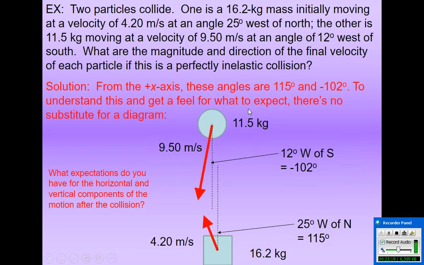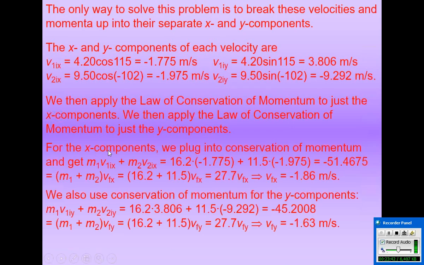So these momenta aren't necessarily exactly equal, but neither are they exactly different in magnitude. They're pretty close to each other. So while I don't necessarily expect complete cancellation in the vertical component, I would expect that after the collision, the vertical component of the combined mass is not going to be large. And that's what we see.